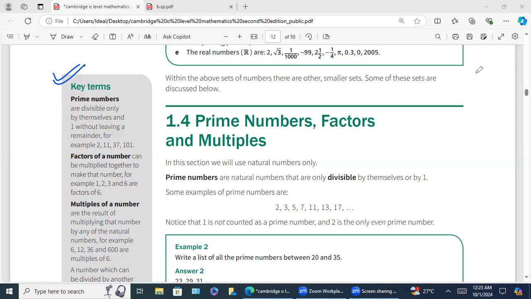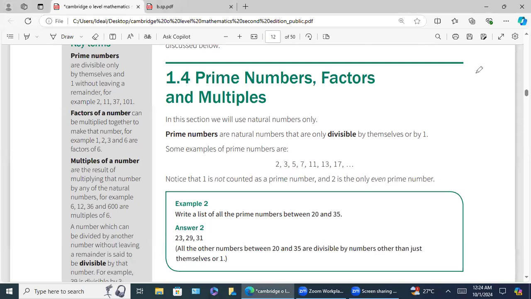Like 2 is a prime number. 2 is divisible by itself and only 1. So there are only two divisors of a prime number, 1 and itself. There's no remainder.